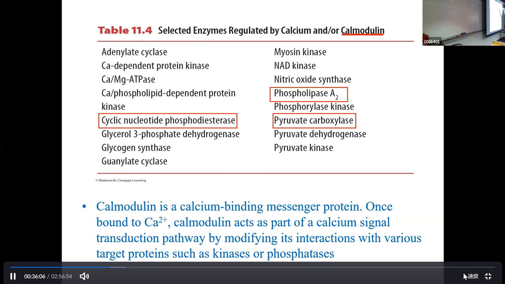You probably remember a number of these enzymes, but for easiness I just highlight these three, which will be shown in the next slide. All of these, and many more, are considered to be calcium dependent. We will talk about cyclic nucleotide phosphodiesterase, phospholipase A2, and then pyruvate carboxylase.